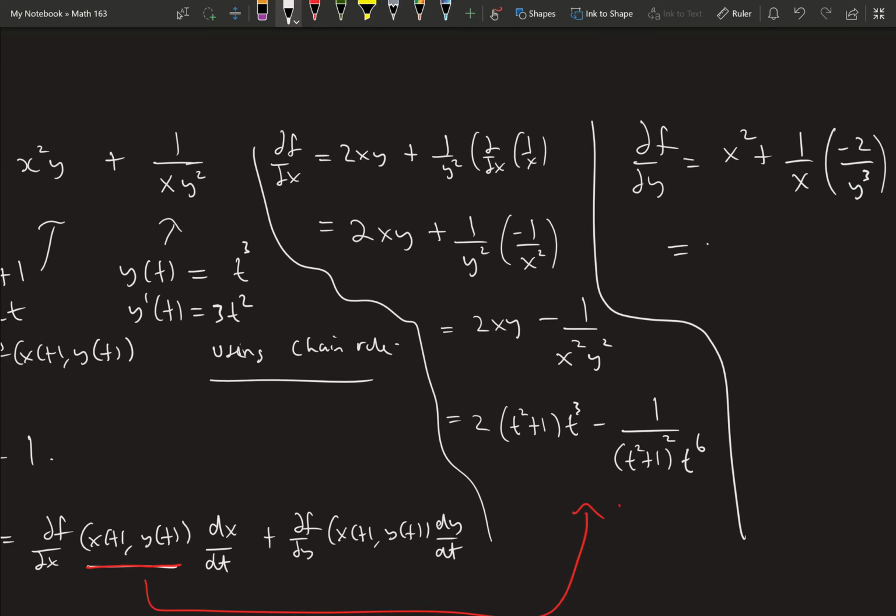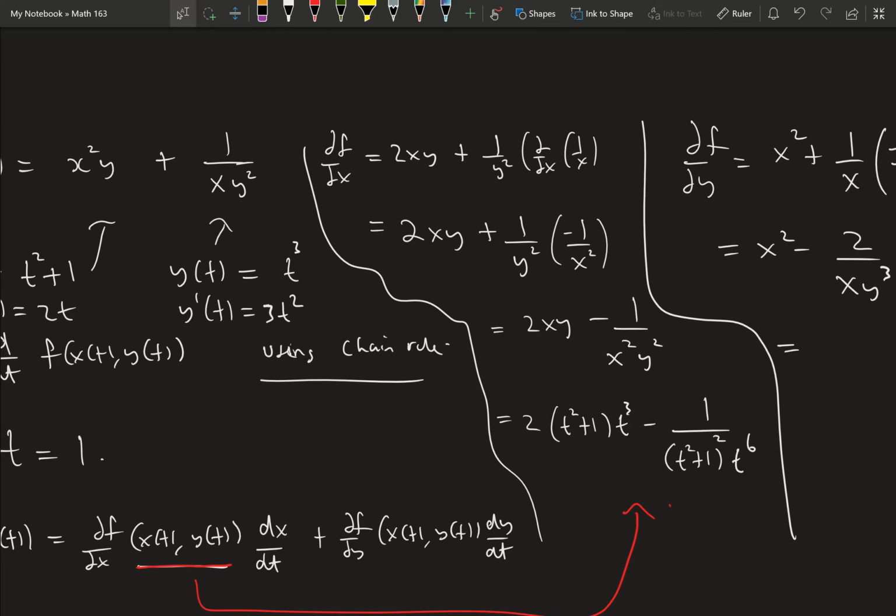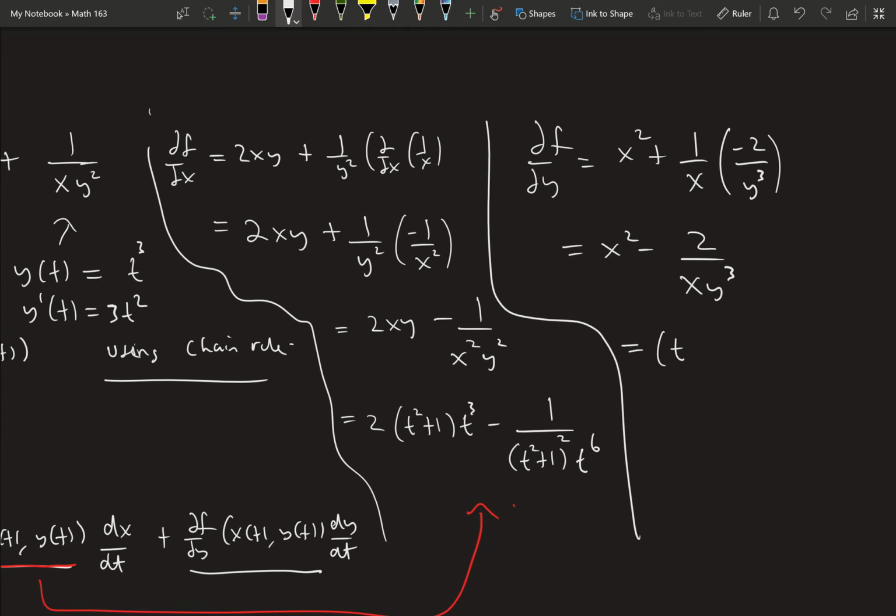And so we end up with x squared minus 2 over x y cubed, which when we plug in x of t, y of t, we get t squared plus 1 squared minus 2 over t squared plus 1, and then y was t cubed, which when I cube, I get t to the 9th.